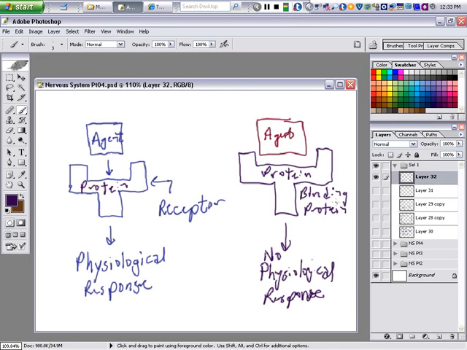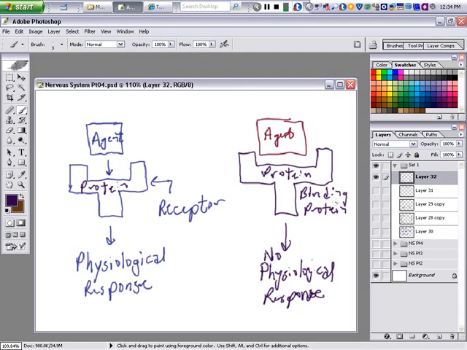For example, certain drugs that you take will bind to albumin in your blood. Let's say you take 20 milligrams of a drug, and 10 of those milligrams just bind to proteins in your blood and block the action of that drug, and the drug can't go on to do what it's supposed to do. That albumin in the blood is not a receptor.